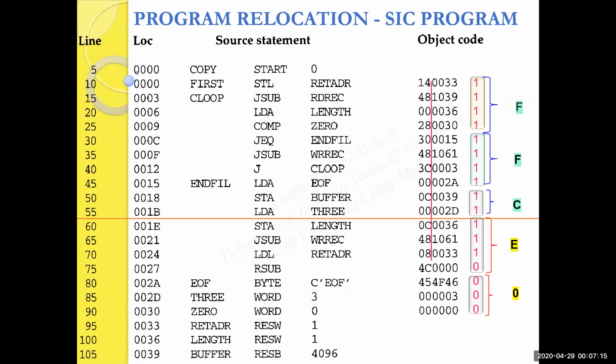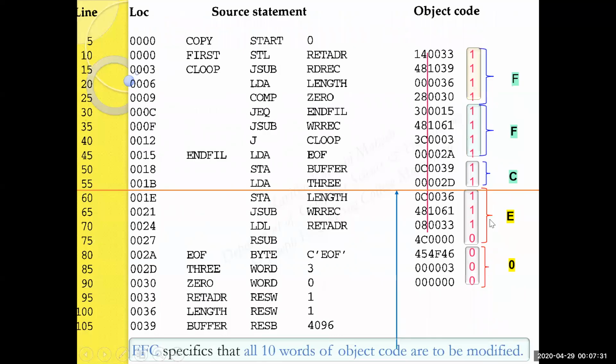As I mentioned earlier, we group 4 relocation bits together to form a hexadecimal digit. And in one text record, since we are able to keep 10 instructions, for the unused words we set the relocation bits to 0. So in one text record, we are able to keep instructions from line number 10 to 55.